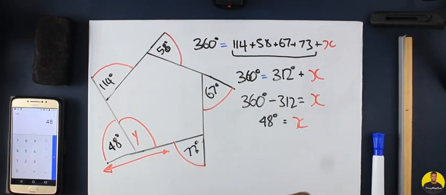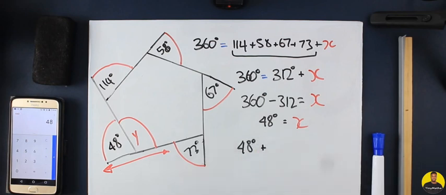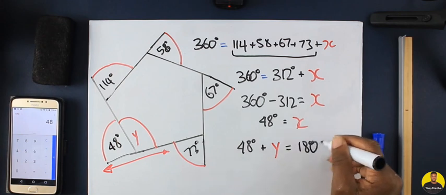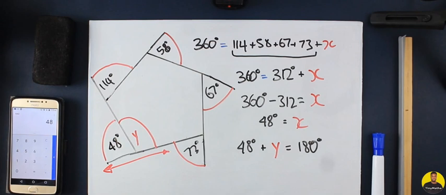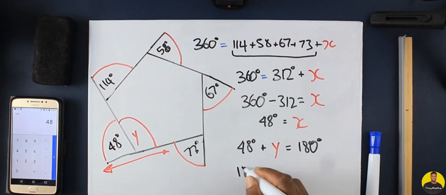So since these two angles on this straight line add up to 180 degrees, we could write 48 degrees plus y equals 180 degrees. That puts us in a position to find out the value of y, because all we have to do then is subtract 48 from 180. So 180 degrees minus 48 degrees will give us what y is.